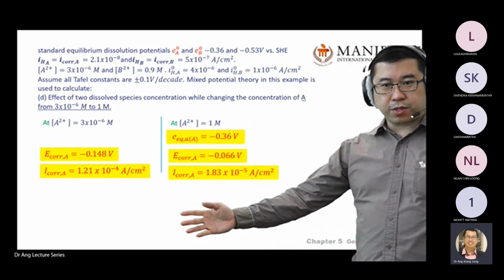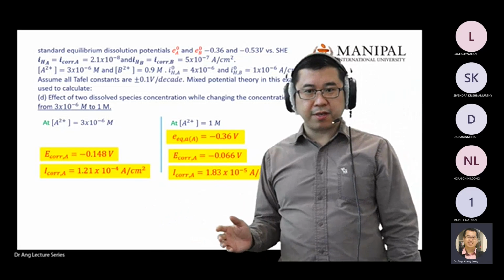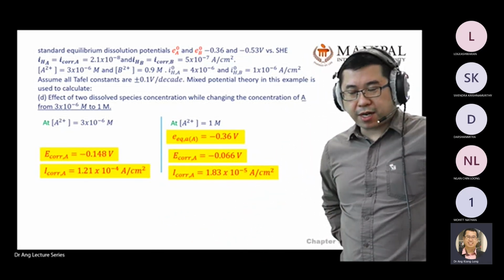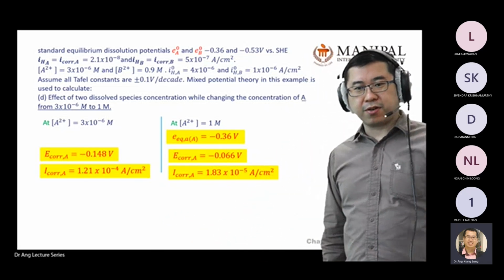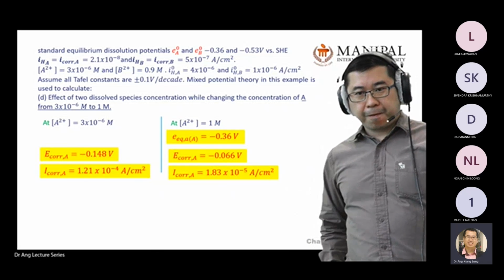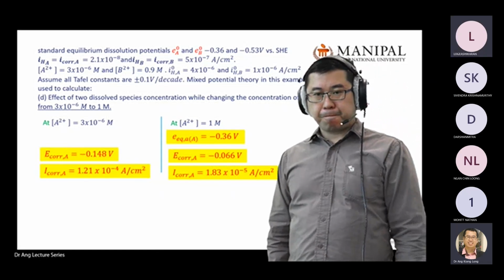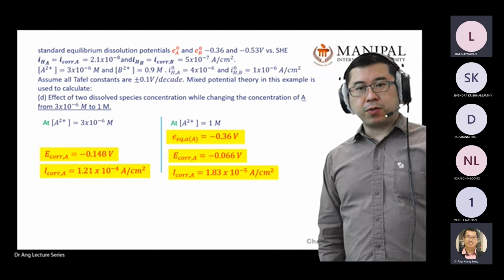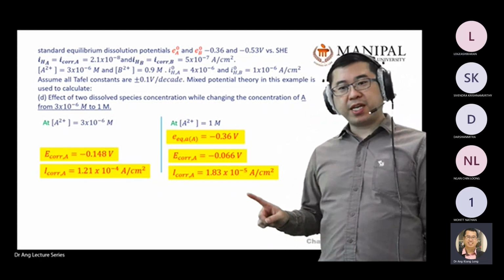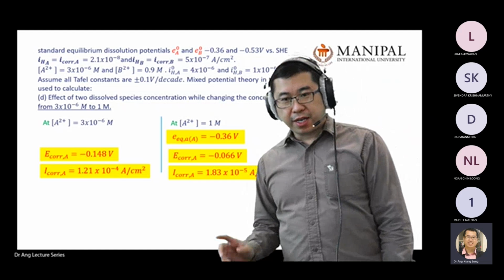What happened to the corrosion rate? What can you observe here? Does it increase or reduce? Reduce, sir. Reduce. So this is also one of the ways you control corrosion in galvanic.